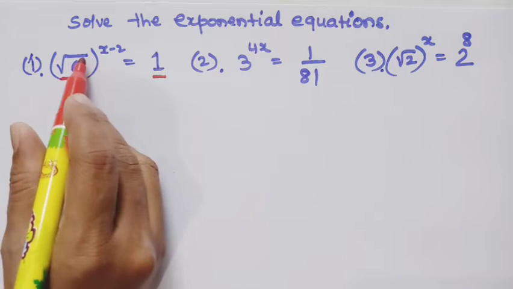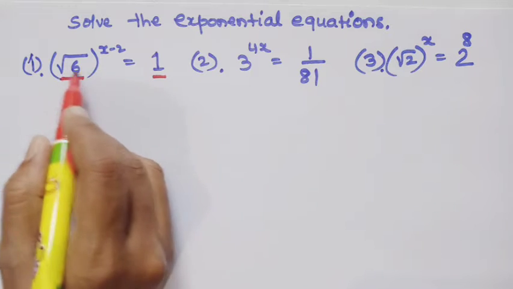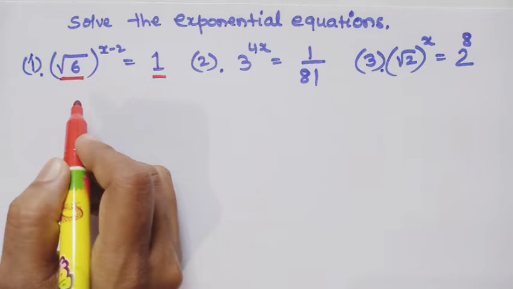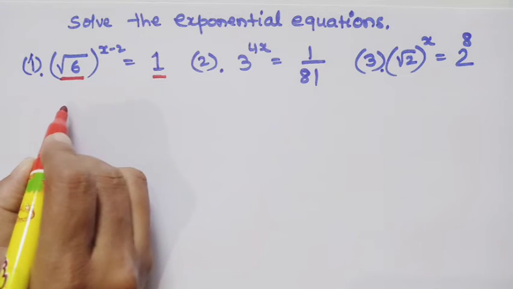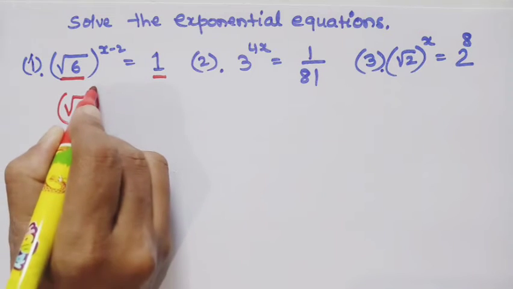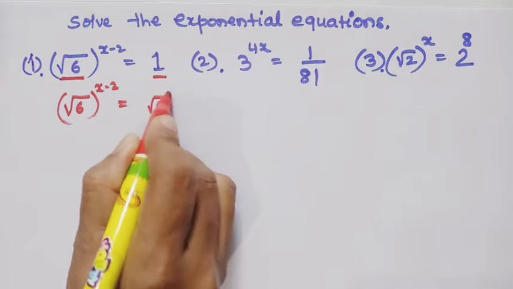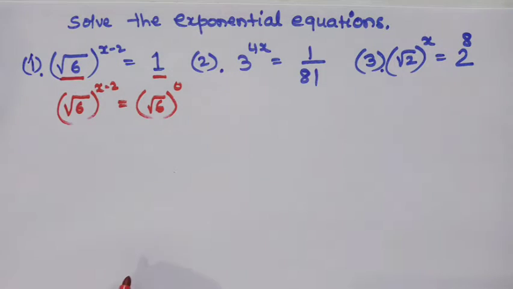It can be 6 power half to the power x minus 2, then it can be taken as 6. But directly also you can take root 6 to the power 0, because anything to the power 0 is 1. So root 6 to the power x minus 2 in the LHS can be written as root 6 to the power 0 in the RHS.